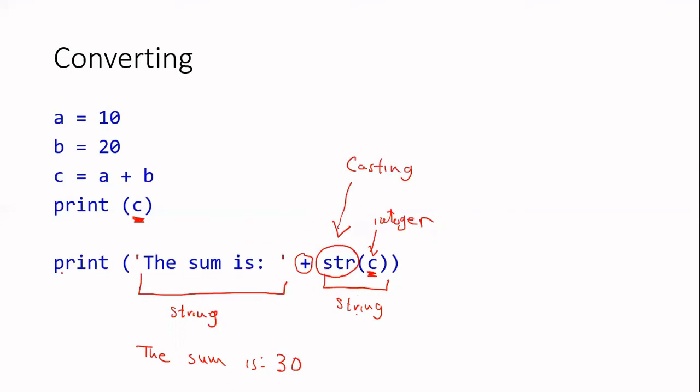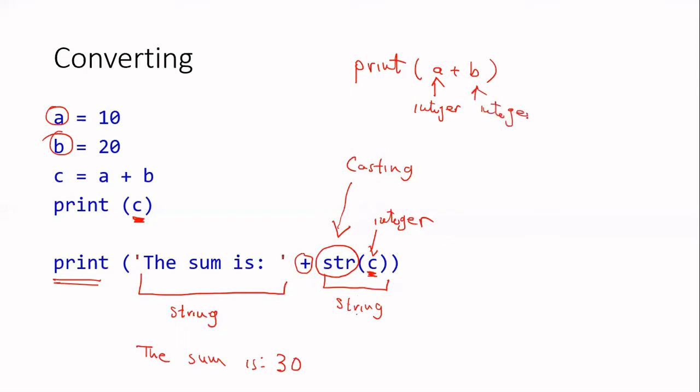So remember that when you are using a print statement and you have a message, because the message is a string, if you want to display numbers with it, you have to convert that into a string as well. We don't have a problem when we say print A plus B. A is an integer, B is an integer.